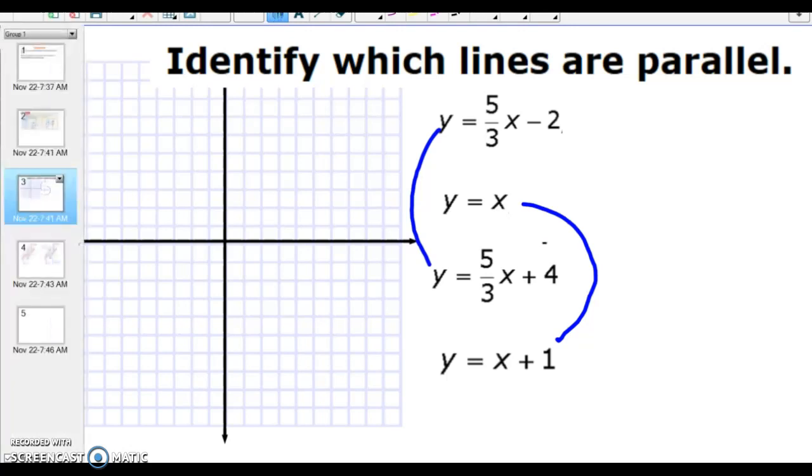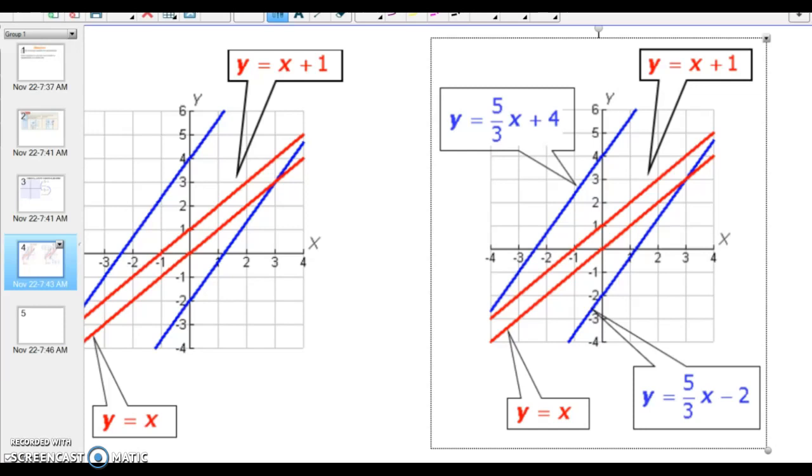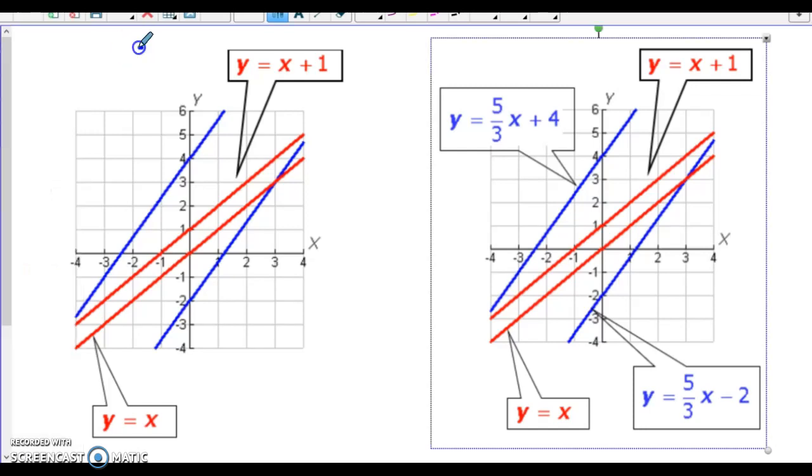Well, let's just take a look and see. So they've got the equations here. We see y equals 1x plus 1, and y equals 1x. Well, we know this bottom line is in direct variation. It passes through the origin, so we know that's this line passing through the origin, and you see the arrow pointing to it.